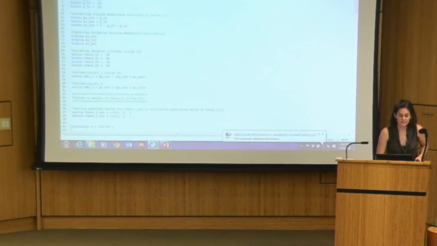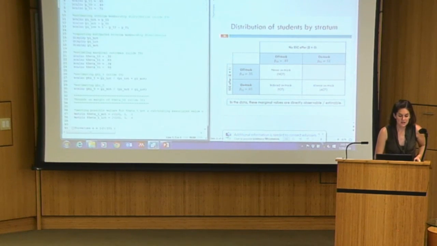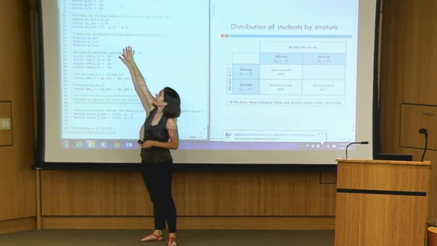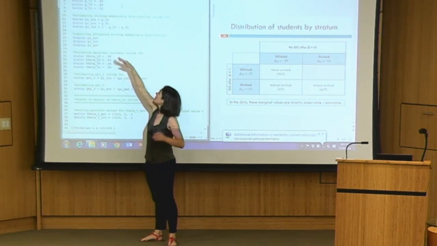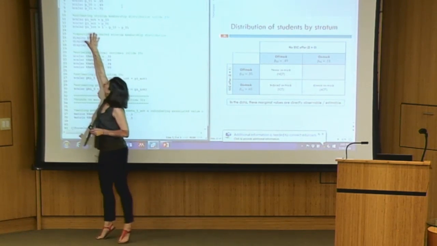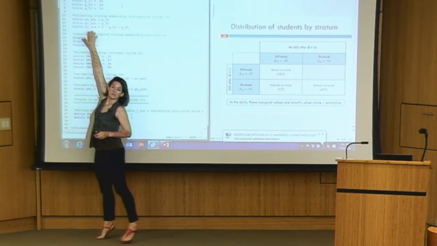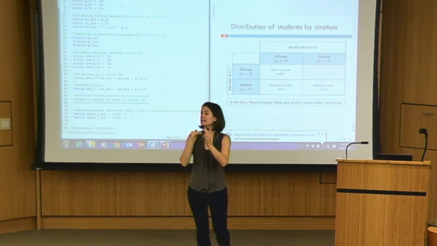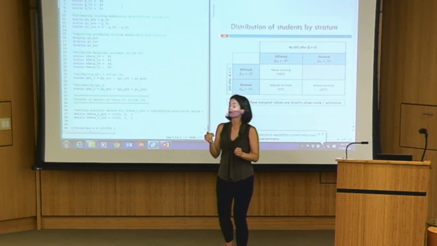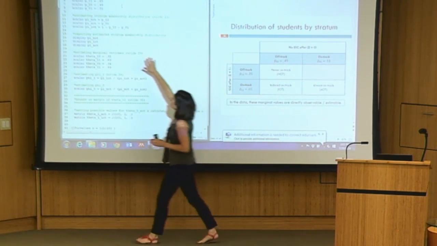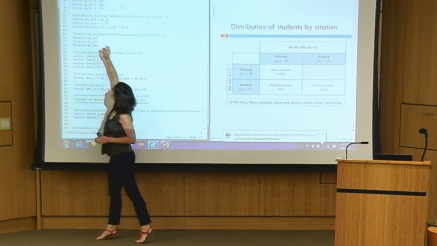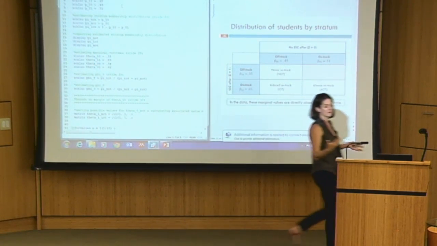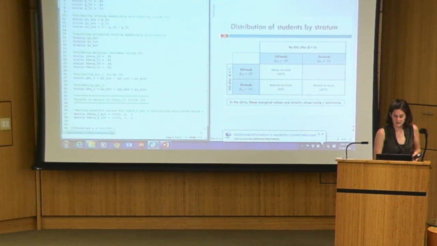So I've defined the estimated values for those marginal proportions, and then just expressed the formula to calculate the proportions in each of the principal strata. I have my formula here, and then I can ask Stata to display those values that I've calculated, and Stata will give them to me.